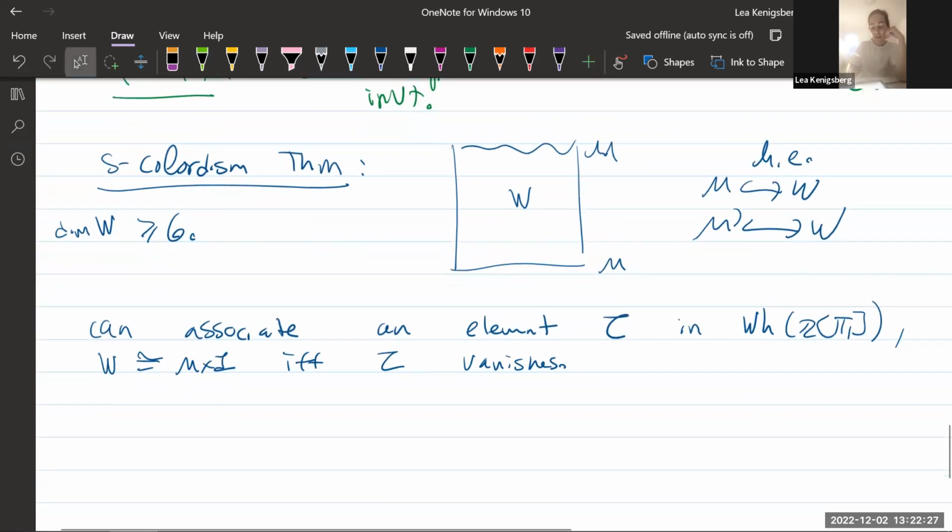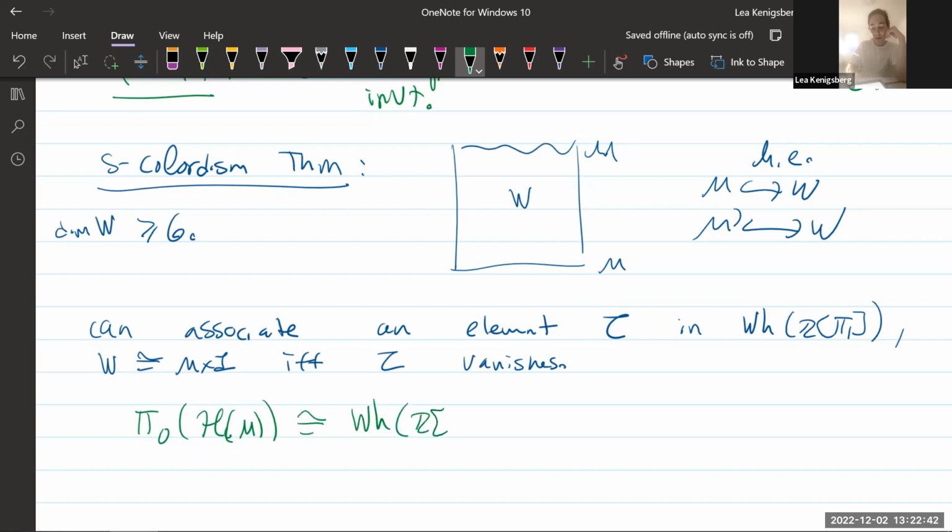And in fact, you can characterize h-cobordisms up to isomorphism. So pi 0 of the h-cobordism space is exactly given by this Whitehead group. The content of this theorem says that you can classify h-cobordisms up to isomorphism by this Whitehead group.